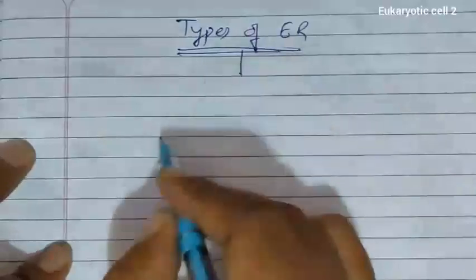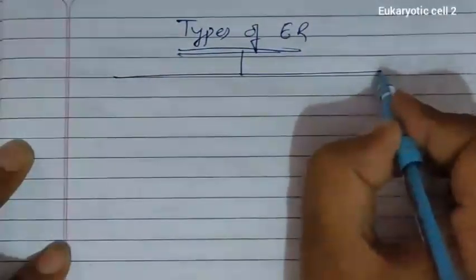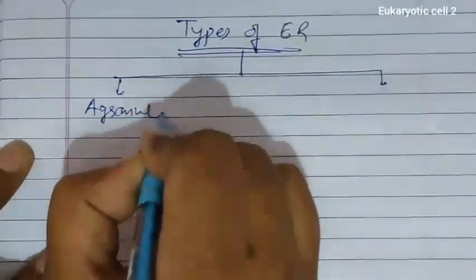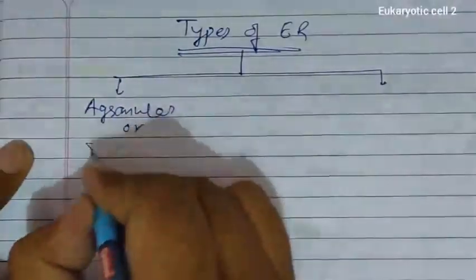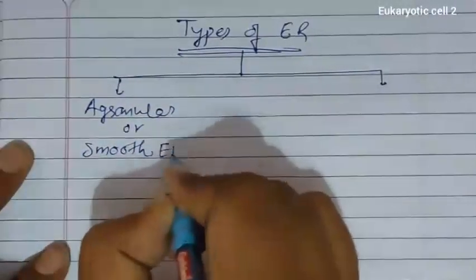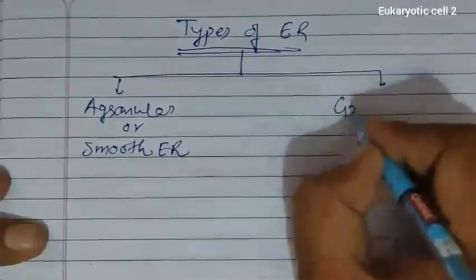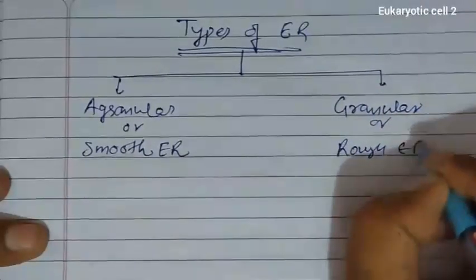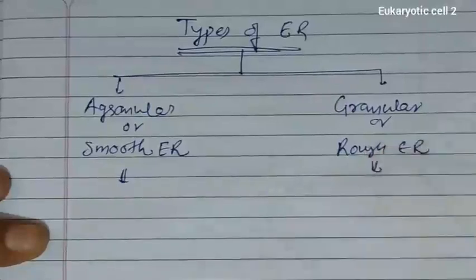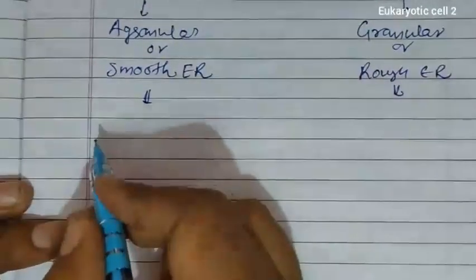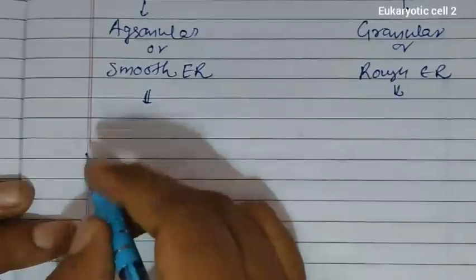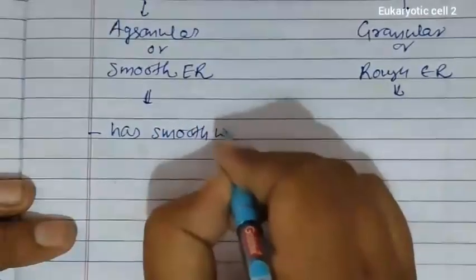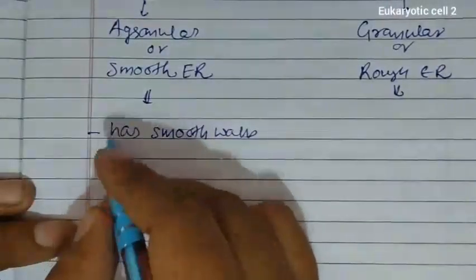Now, types of ER are two. First is agranular or smooth endoplasmic reticulum, and another one is granular or rough endoplasmic reticulum. Okay, now if you see the difference between these, agranular or smooth endoplasmic reticulum has smooth walls due to absence of ribosome.